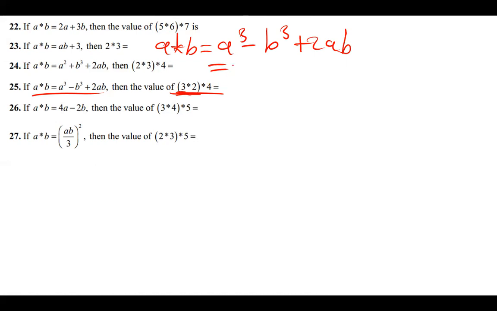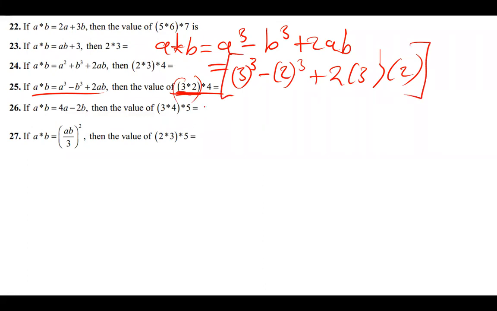We'll start first by putting in what is in the brackets. What is A and B? So we have 3 to the power 3 minus 2 to the power 3, then plus 2 times 3 times 2. Then everything in the brackets, we have star 4 outside.